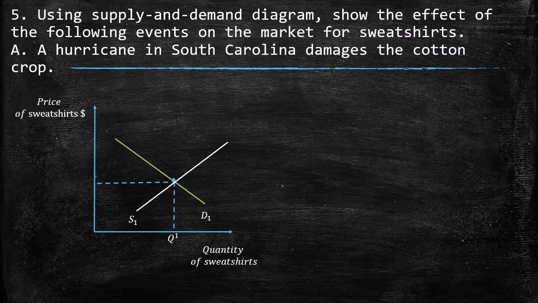The hurricane affects cotton, an important input of the sweatshirt, and the price of cotton goes up, so the supply is going to be reduced and shift to the left. So what is the consequence? There's going to be an increase in the price of sweatshirts and a decrease in quantities.